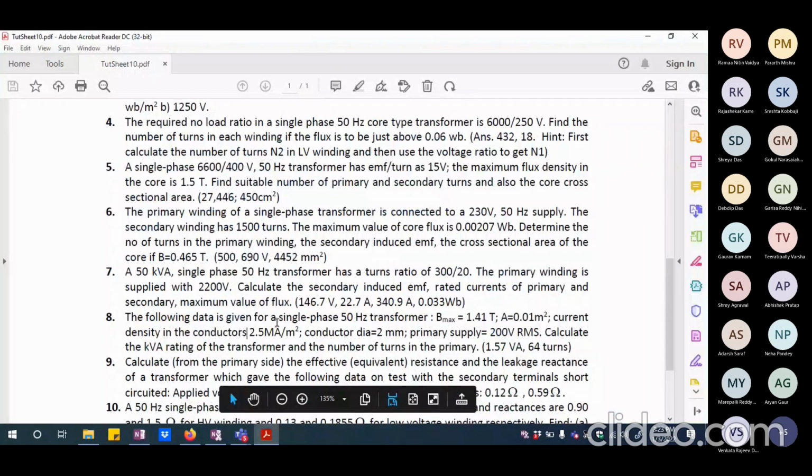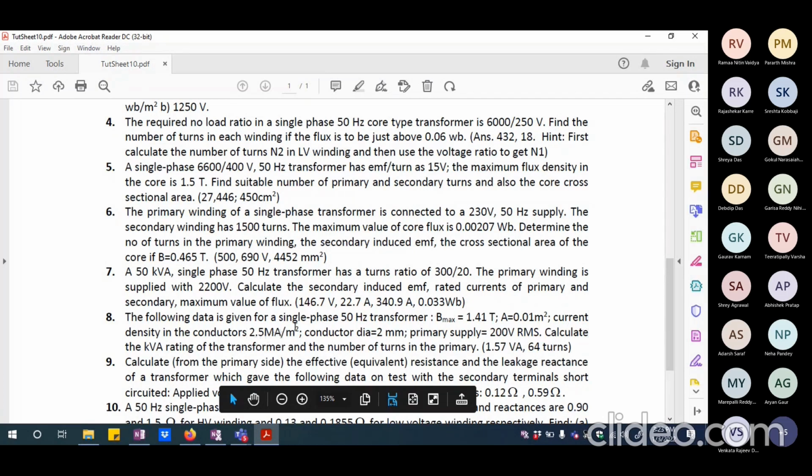Eighth question. The following data is given for a single phase 50 Hz transformer. B max is given as 1.41 Tesla. Area of cross section of the core is given as 0.01 meter square.